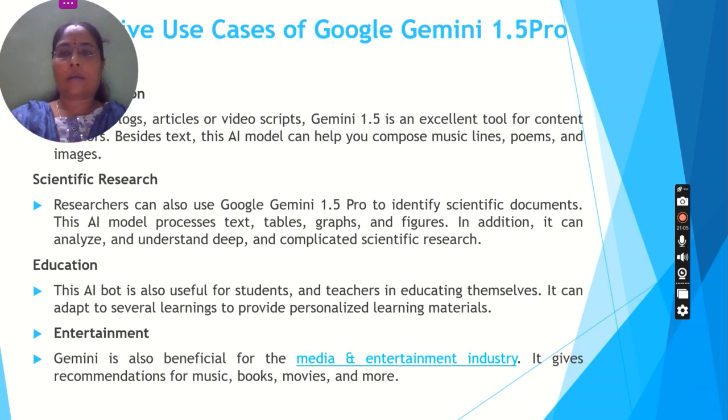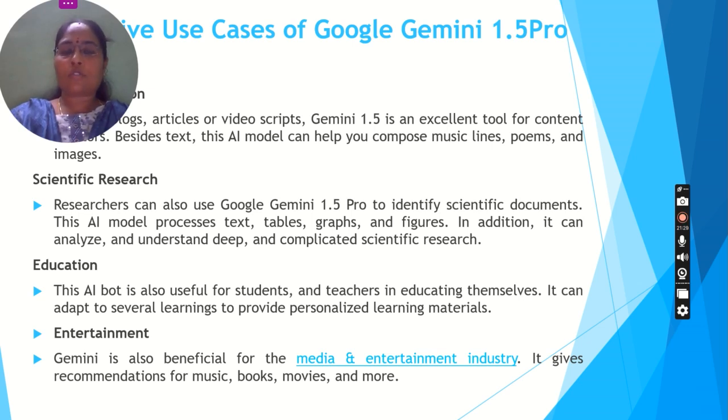So in various application areas, scientific research, education, entertainment, in all these areas we are using this Gemini 1.5 Pro, and it's really helpful for all the people. I think various students have also started using this kind of AI in writing their assignments.